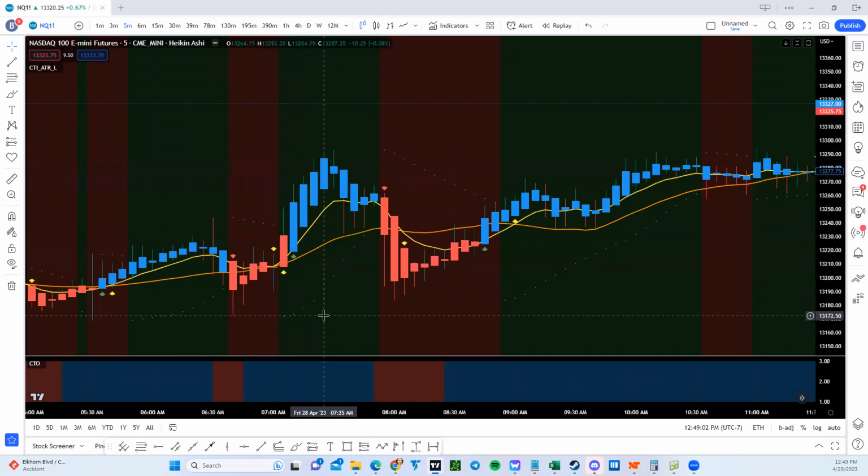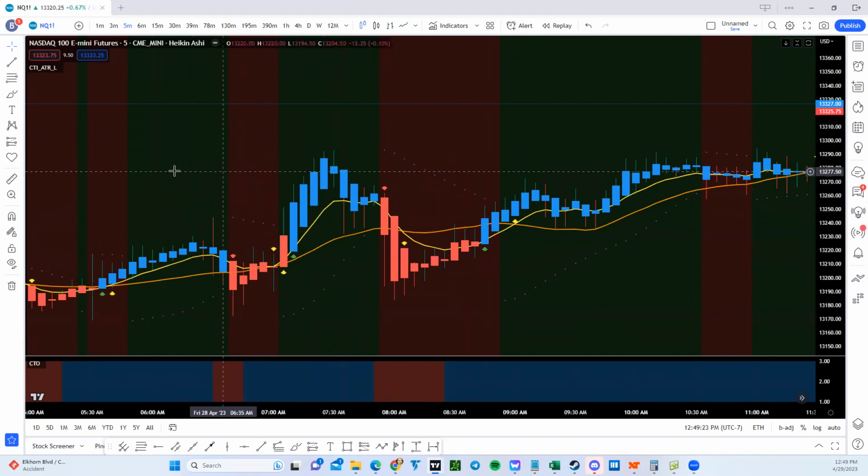That would have been a very decent trade for the day. That right there would have been all I needed to capture what I wanted as far as winning for the day. So this is why having multiple layers, multiple confirmations is so important.